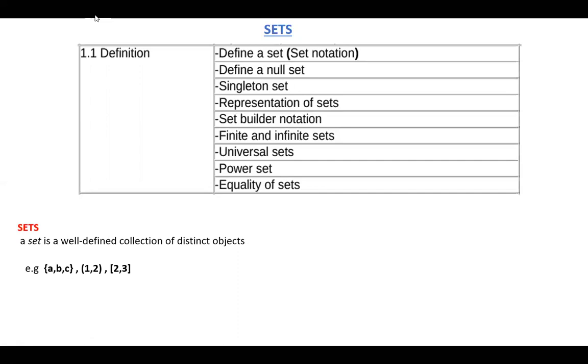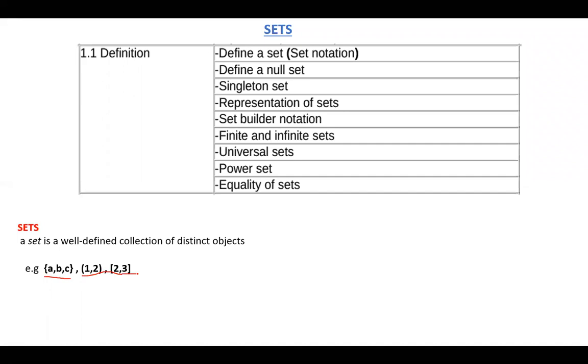When you see these kinds of brackets, it simply means that if you are told to count the elements inside, you just count them independently. So in this first set, we only have 3 elements, not more than 3.